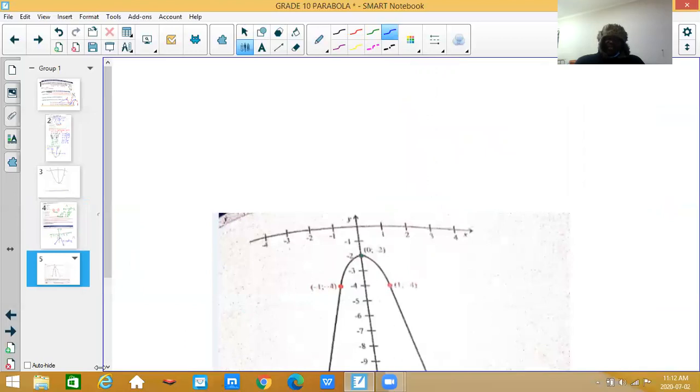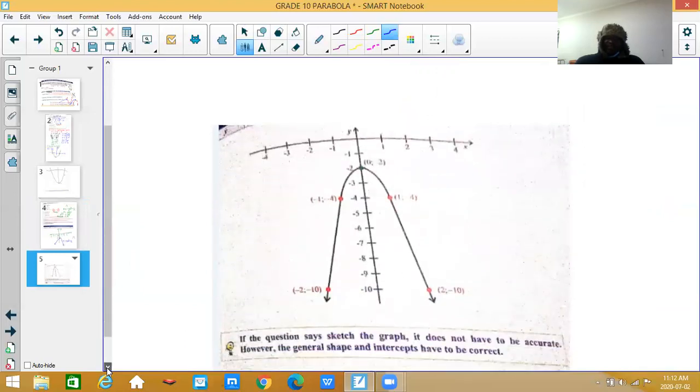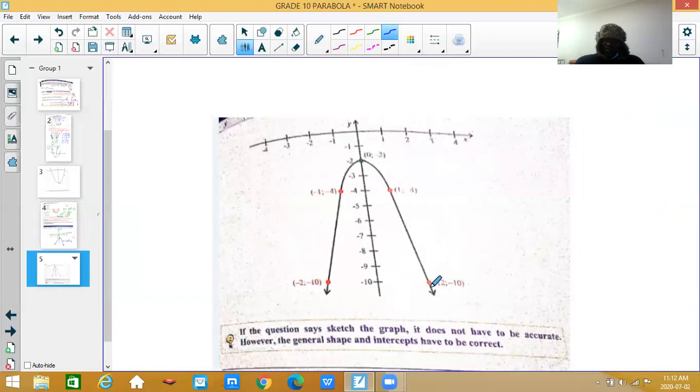Now let us look at what they have here. Our graph has a turning point here and it turns there. If the question says sketch the graph, it does not have to be an accurate graph. The graph must not be accurate, but it must show the general shape of the graph and the intercepts.